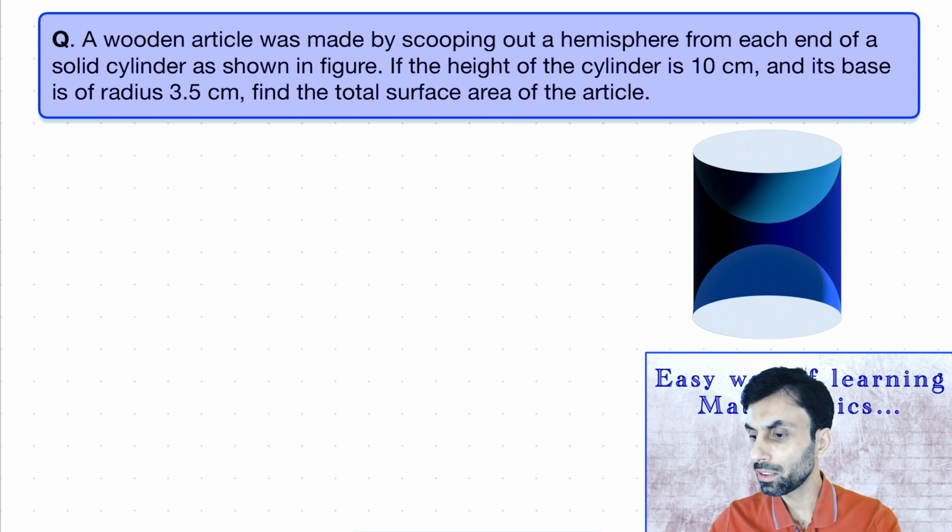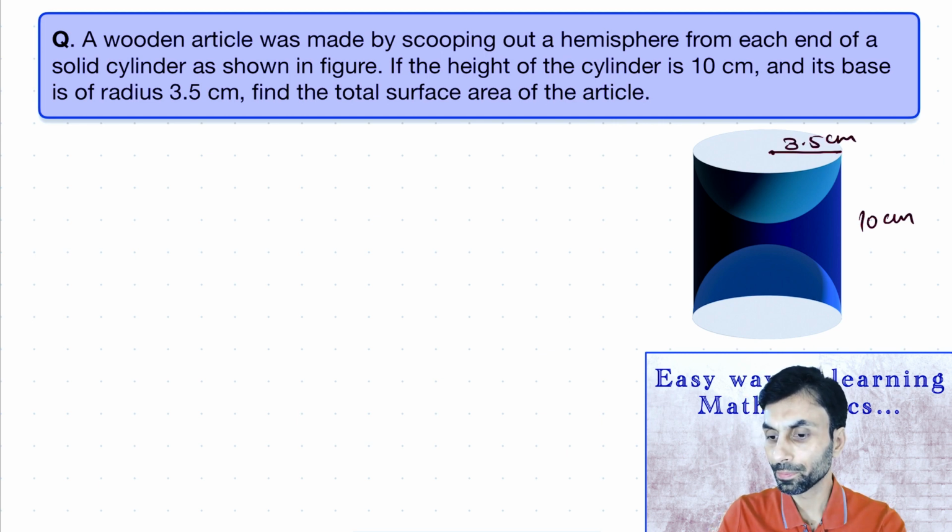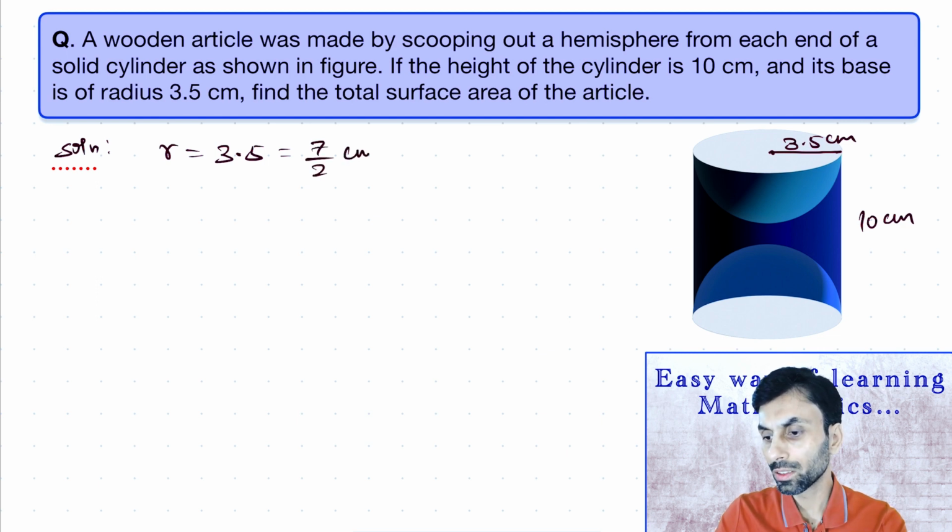Here the height of the cylinder is given 10 cm and the radius of cylinder, which will also be the radius of hemisphere, is 3.5 centimeter. So if we take radius as r, it will be 3.5, which we convert into fractional value, which will be 7 by 2 centimeter, and height is 10 centimeter.